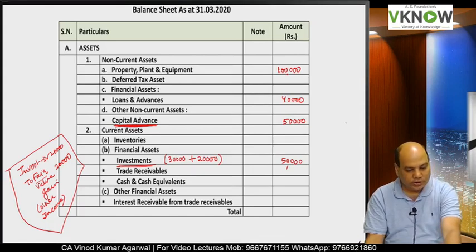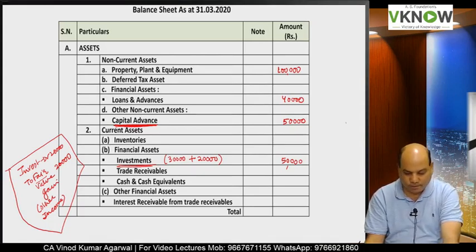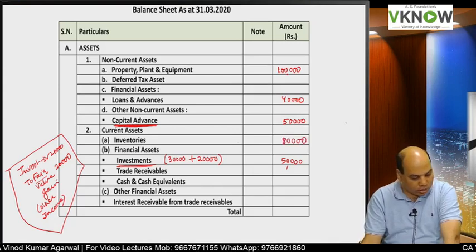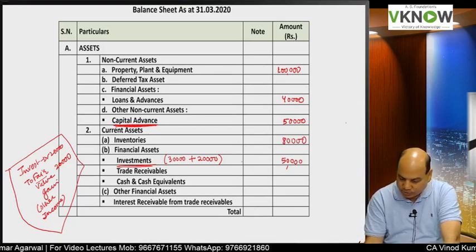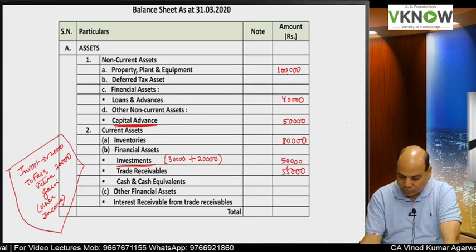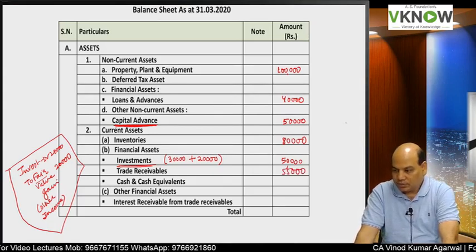Inventory, do we have adjustment in inventory? No adjustment. So current asset inventory, right, 80,000. Trade receivable 55,000. No adjustment. Trade receivable 55,000 under financial asset.